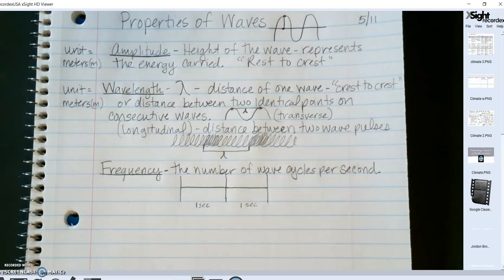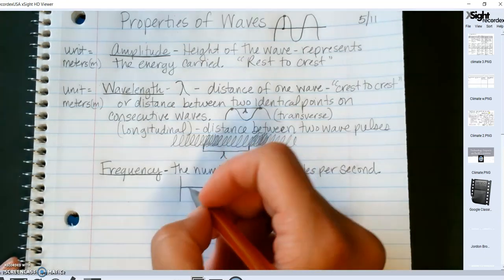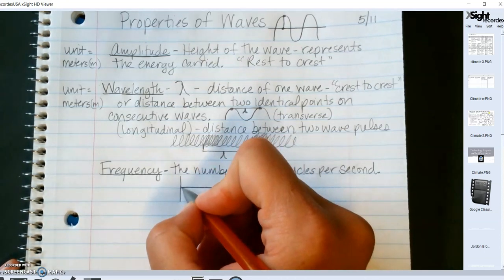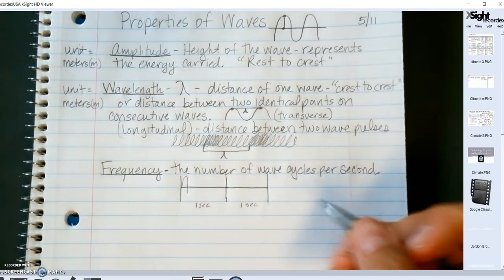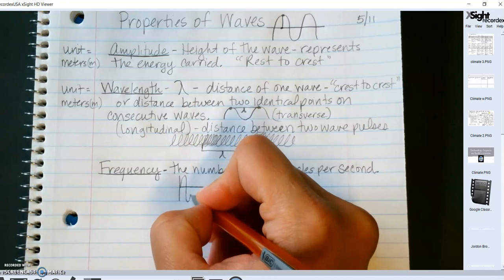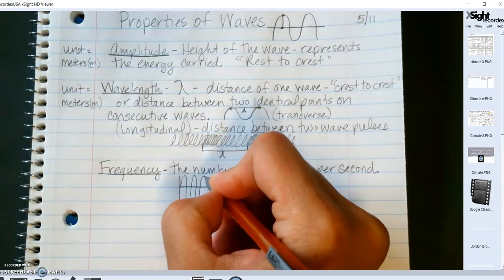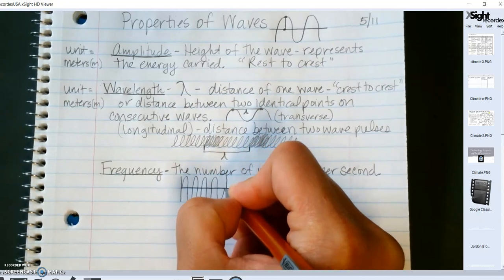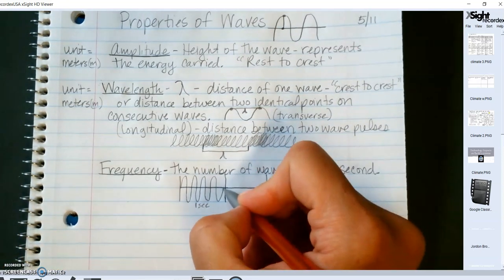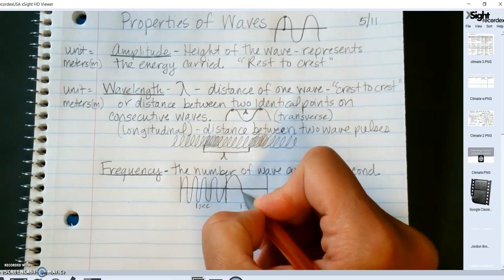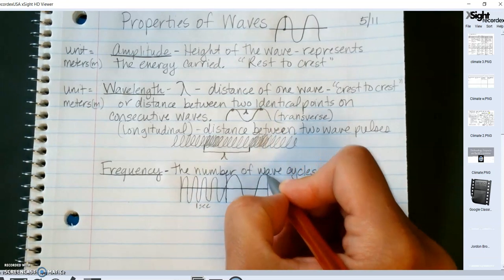So the frequency is the number of wave cycles per second. You might notice that sometimes a wave is going to have several wave cycles per 1 second, and sometimes it may be not very many in comparison.